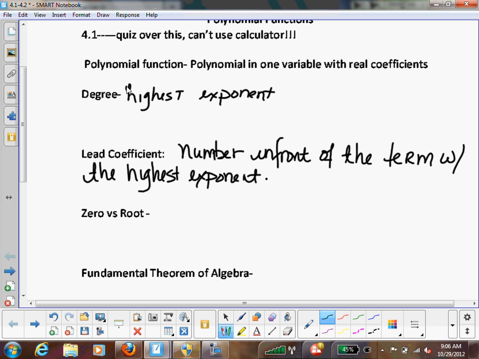This is always a problem for you, the terminology: a zero versus a root. They basically are the same thing, just two different ways of expressing the same value. If I talk about a zero, I'm talking about where the graph crosses the x-axis.